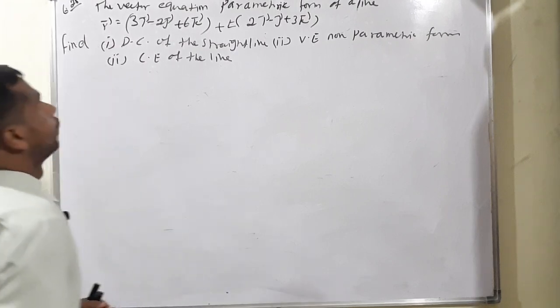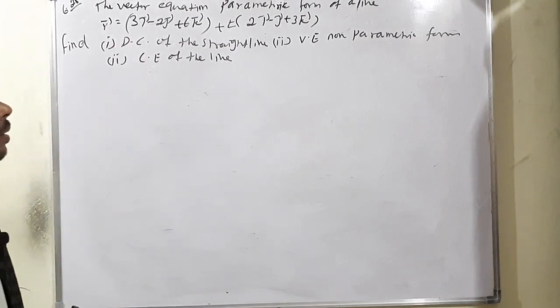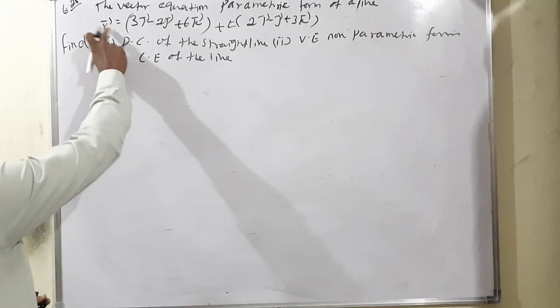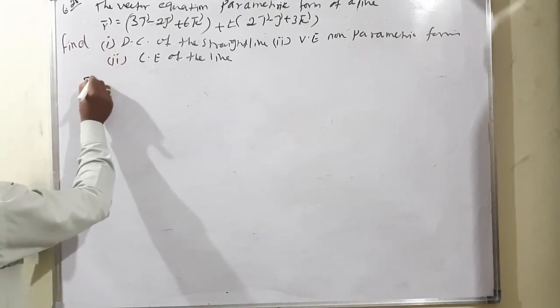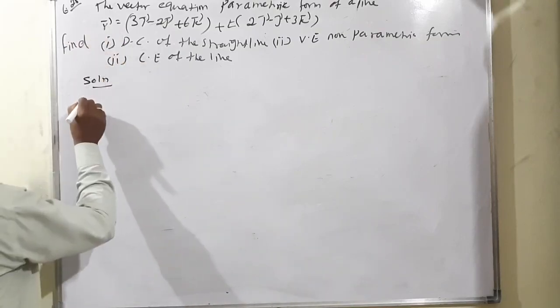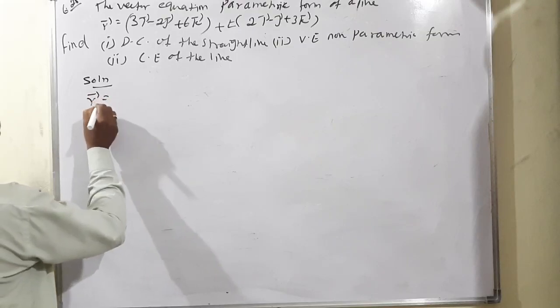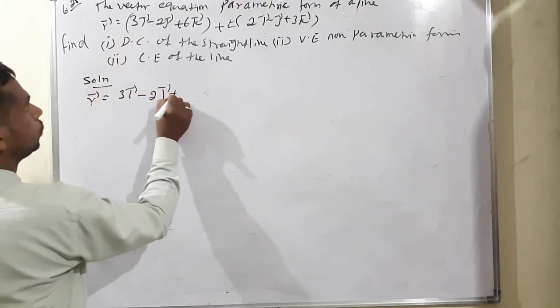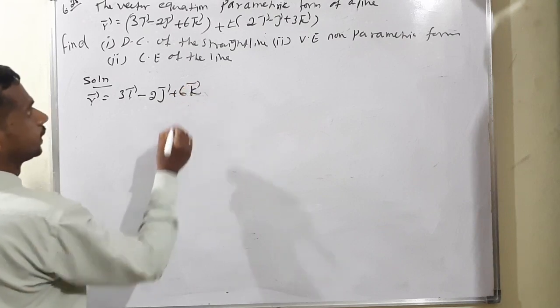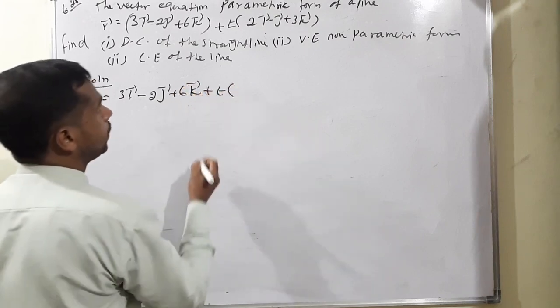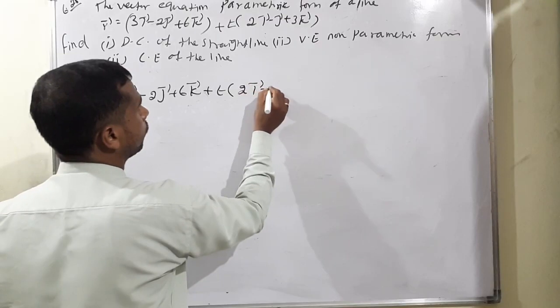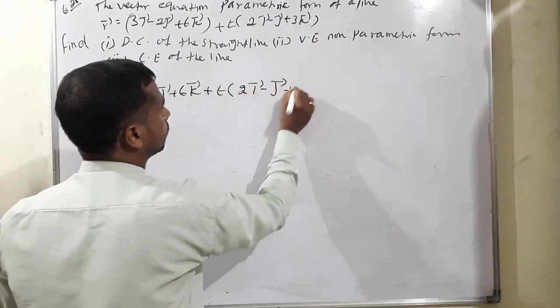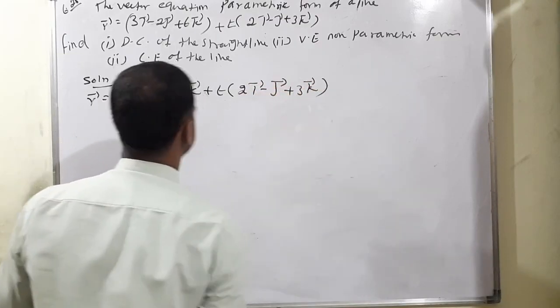Example 6.25. The vector equation in parametric form of a line is given directly. Solution. The vector equation is R vector equals 3i vector minus 2j vector plus 6k vector plus t into 2i vector minus j vector plus 3k vector.